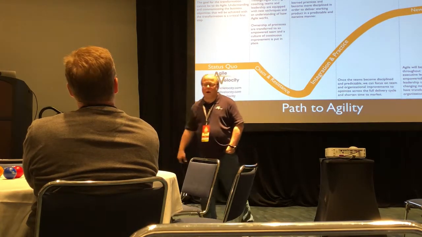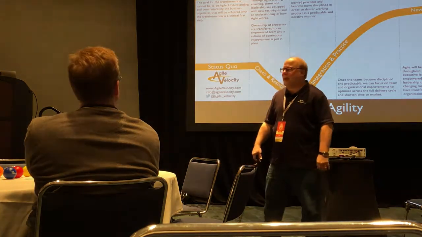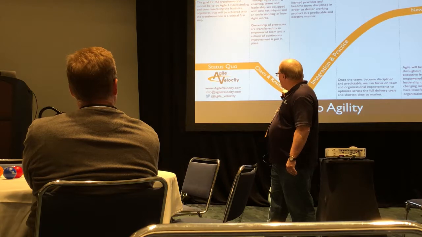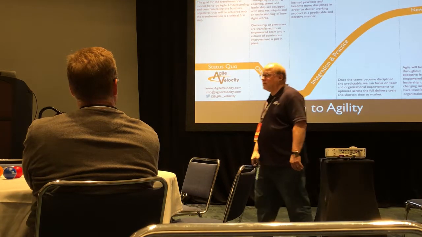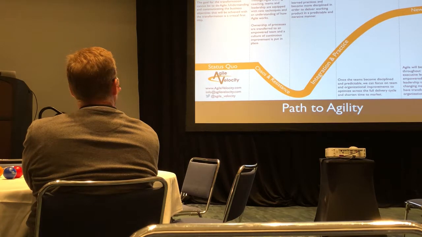So, just a quick context here. What you're seeing here is our Agile Velocity path to agility. You may be familiar with the Satir model of change. It's all about determining your current status quo and then introducing some change, and then through continuous improvement, integration and practice, achieving a new status quo.